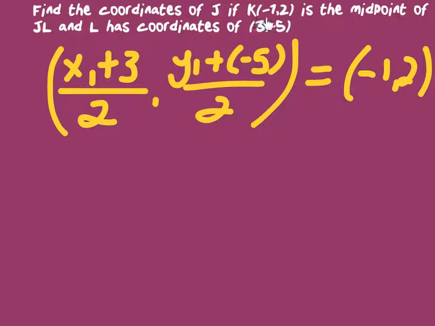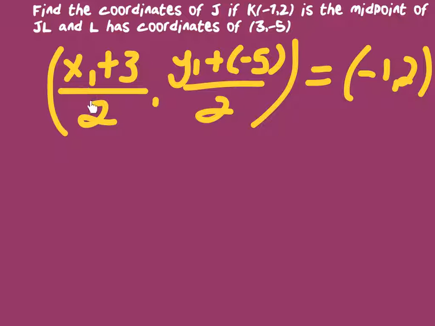K is negative 1, 2, and it's the midpoint of JL. So we're given an endpoint, which is L. We're given the midpoint, which is K, and we want the other endpoint, which is J.